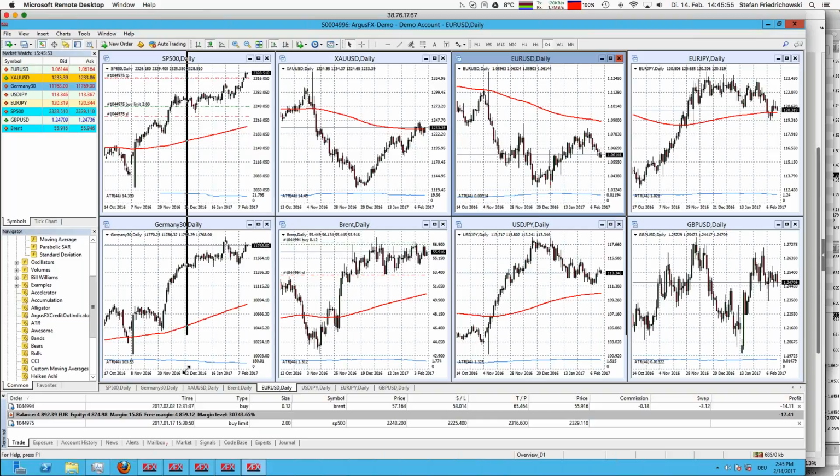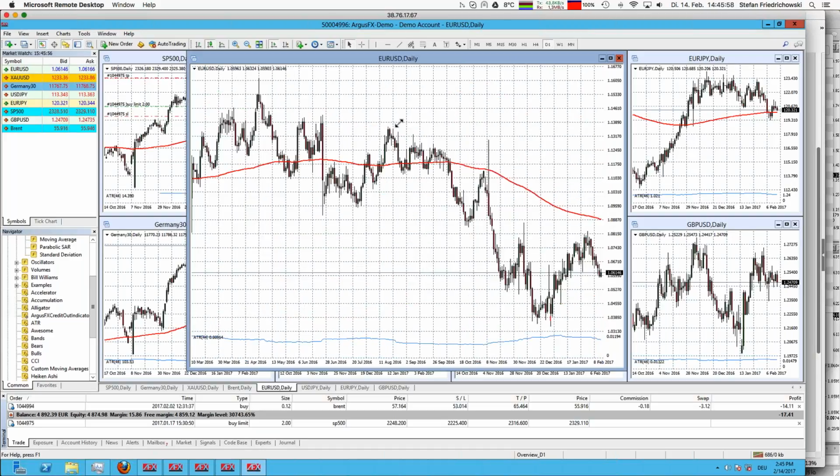What we have here right now is euro, US dollar on a daily base. We have already one EMA within our chart, and that EMA has a period of 200. Let me reduce that EMA value to 160.